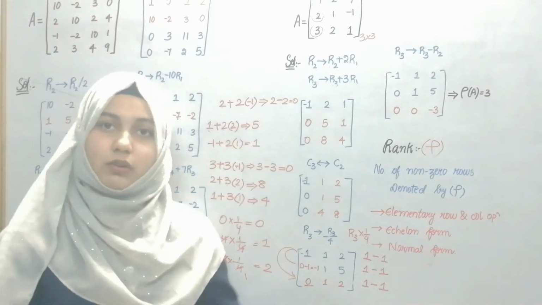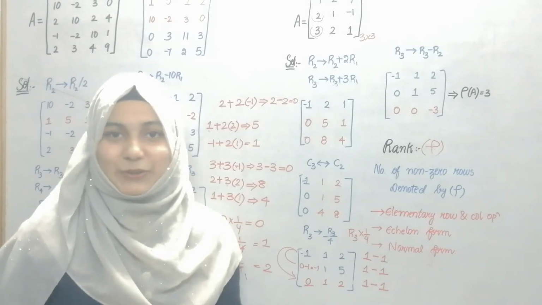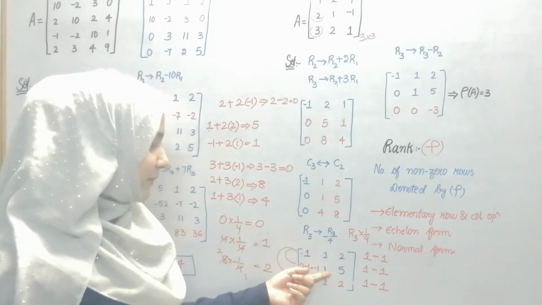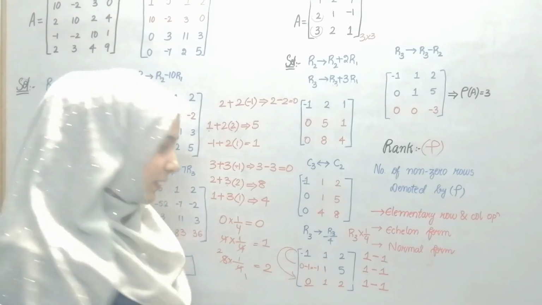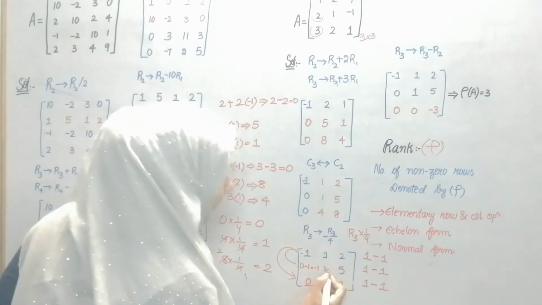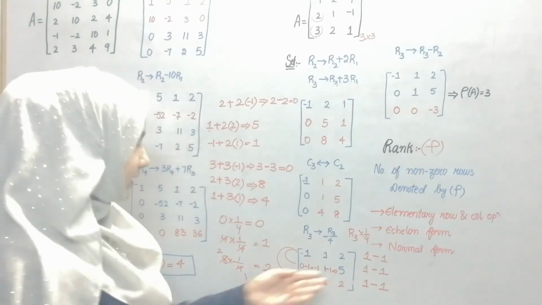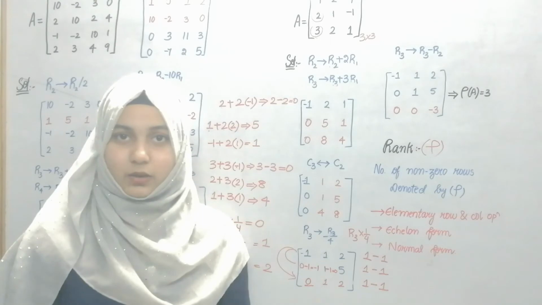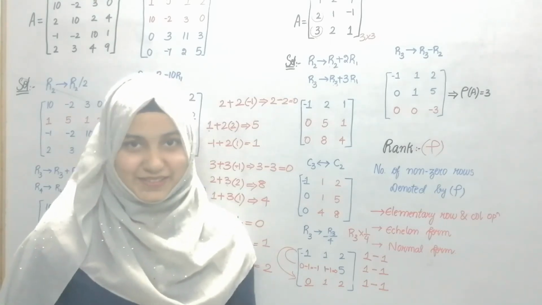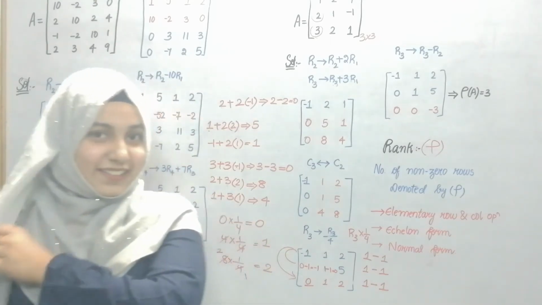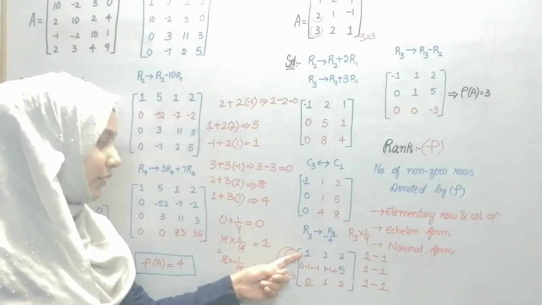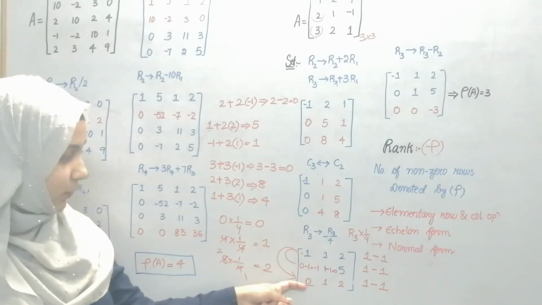You had a perfectly good 0 and you made it minus 1. What's the point? Here 1 minus 1 is equal to 0, so the second element becomes 0, but the first element goes from 0 to minus 1. It's of no point. That is why I cannot subtract row 1 with any other rows now.